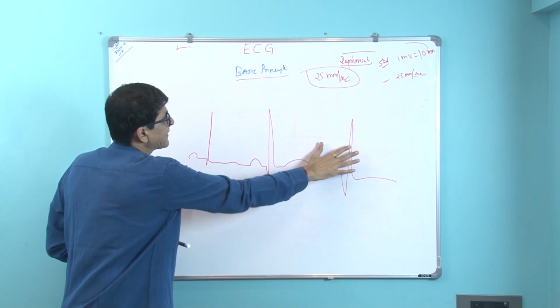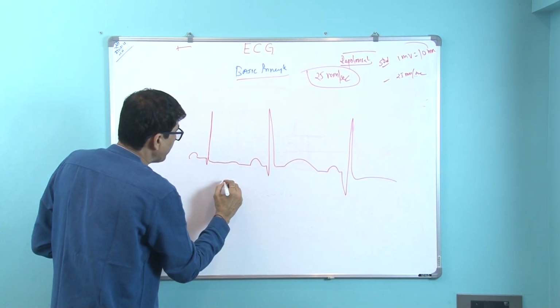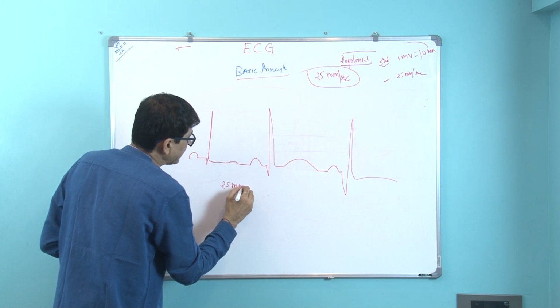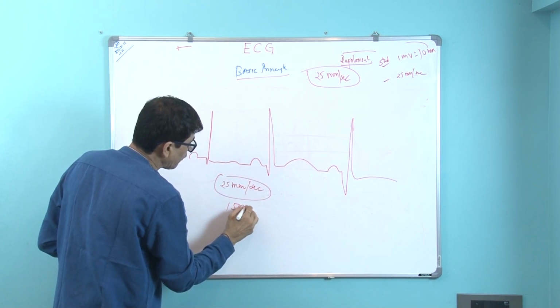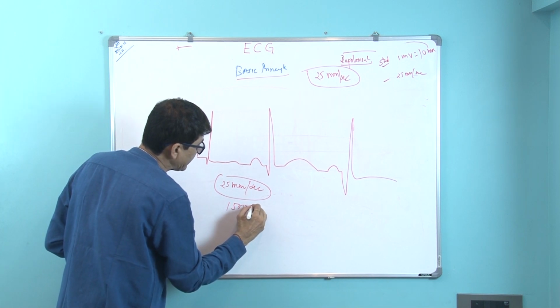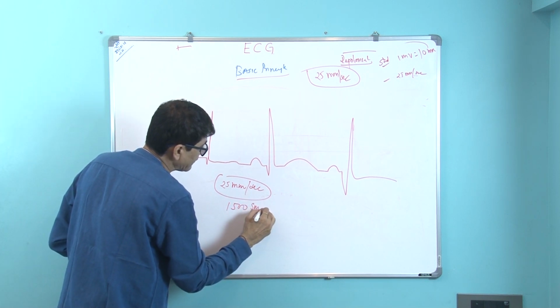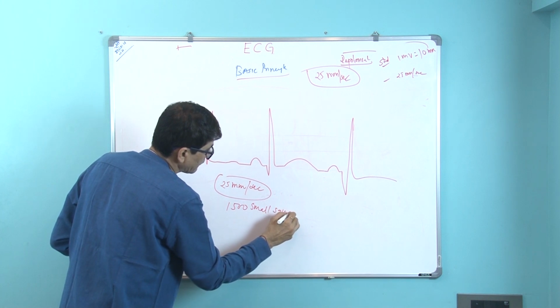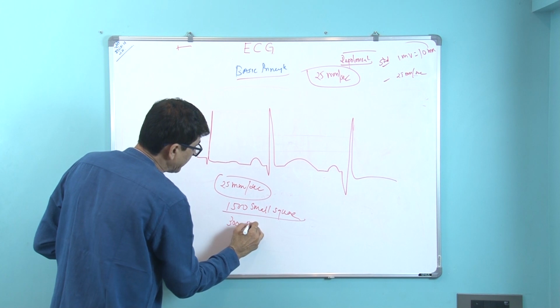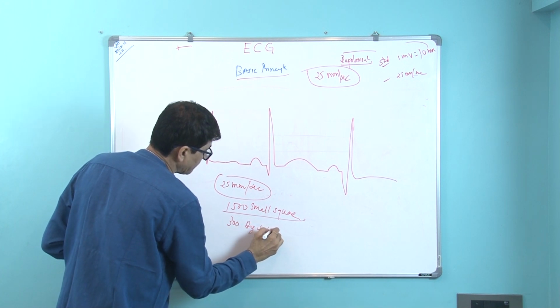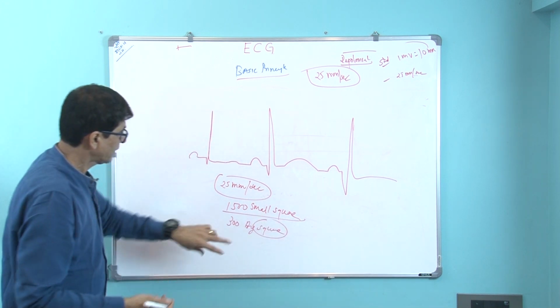So consider a 25 millimeter per second ECG. Now when it is 25 millimeter per second, in 1 minute it will cross 1500 small squares or 300 big squares. Understood?